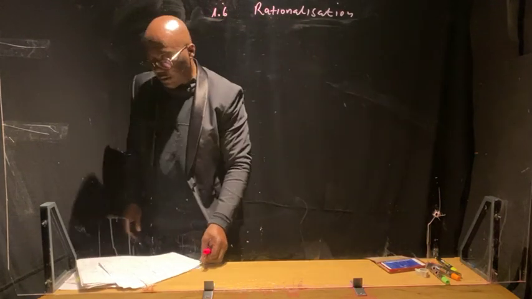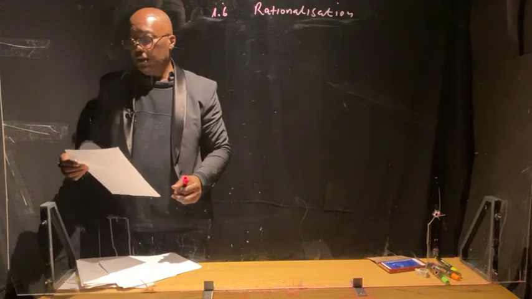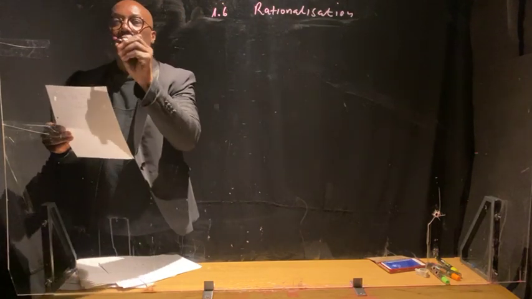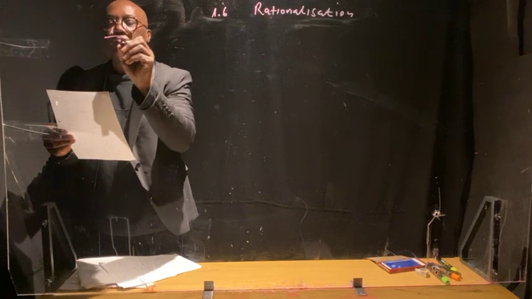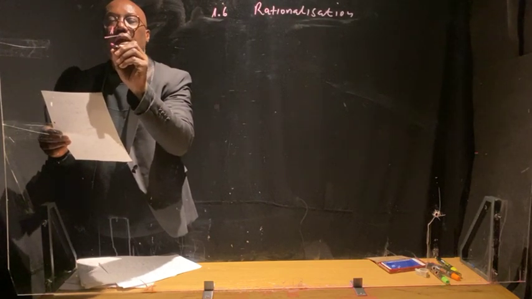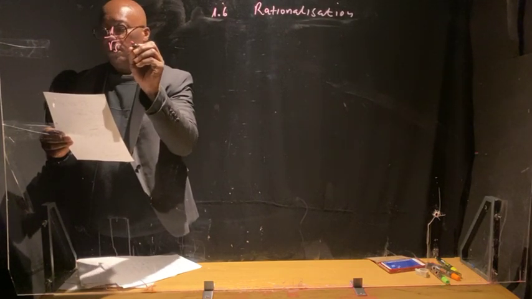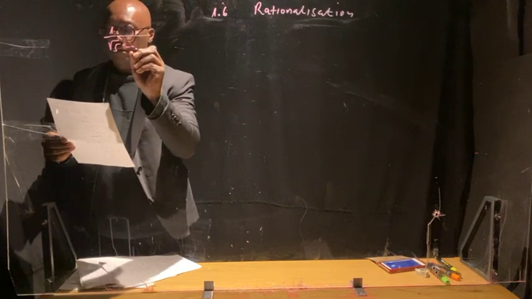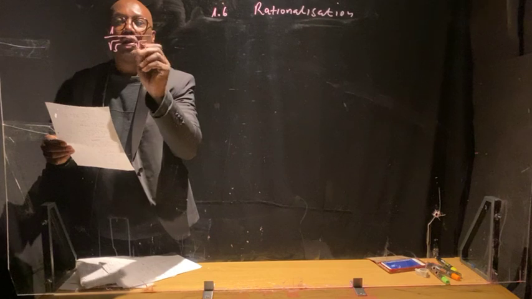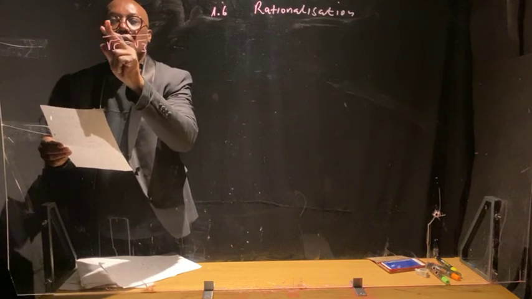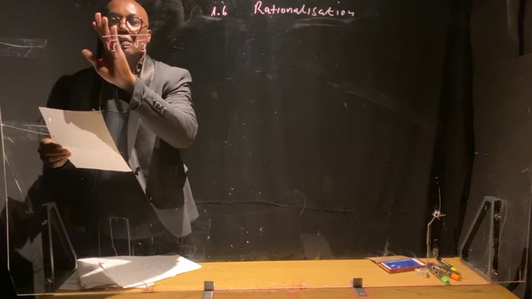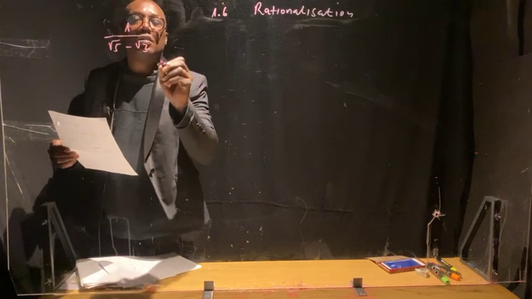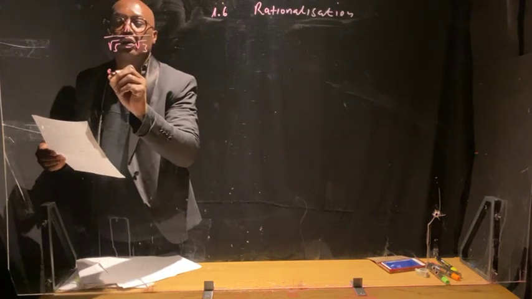The next question is rationalize 1 over root 5 minus root 3. The one is here.